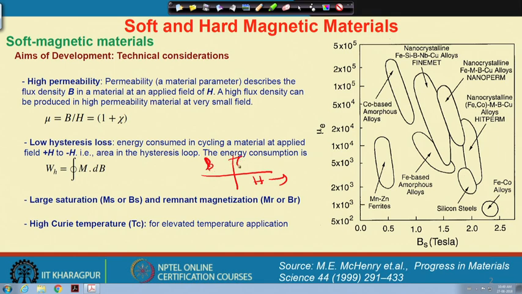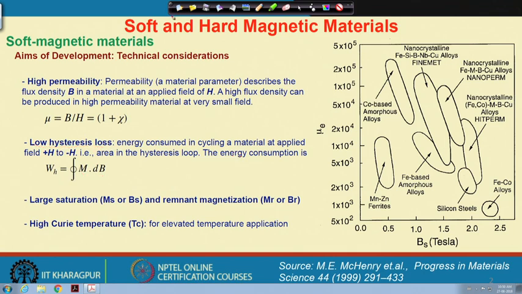If you look at such a hysteresis curve, the net area under this curve is a circular integral of H dB, which gives us WH, the hysteresis loss. This loss should be as low as possible. This loss can be low only when the Hc is very close to the axis, so the Hc value should be very low.